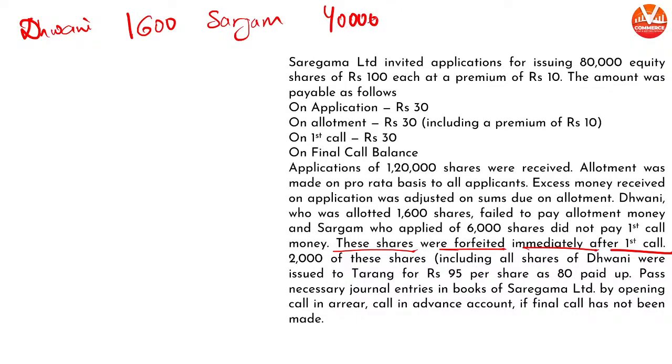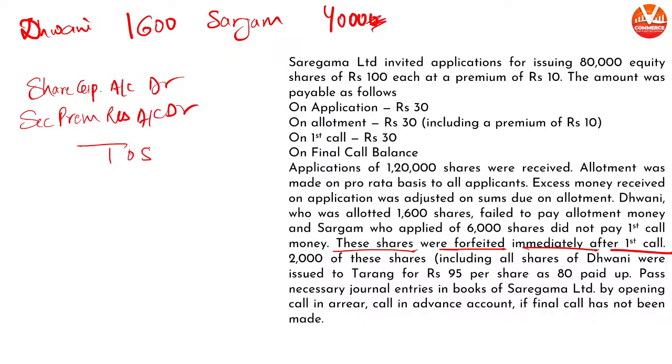So we will pass the journal entry. Share capital account debit, securities premium reserve account debit, to share allotment, to share first call, to share forfeiture account.